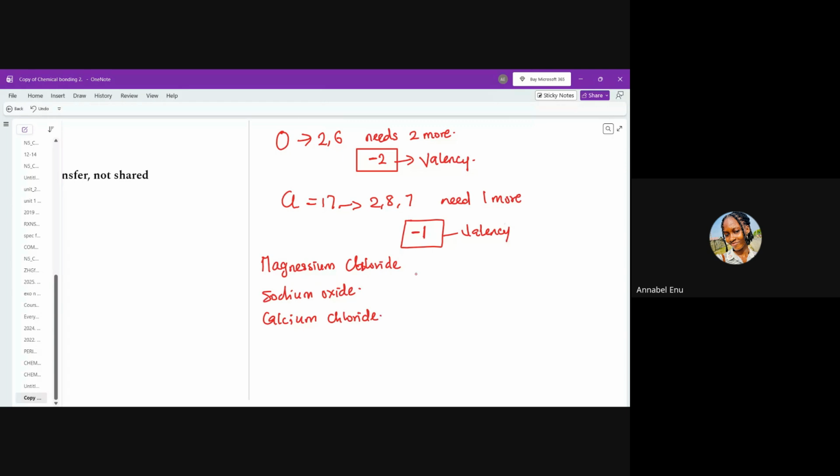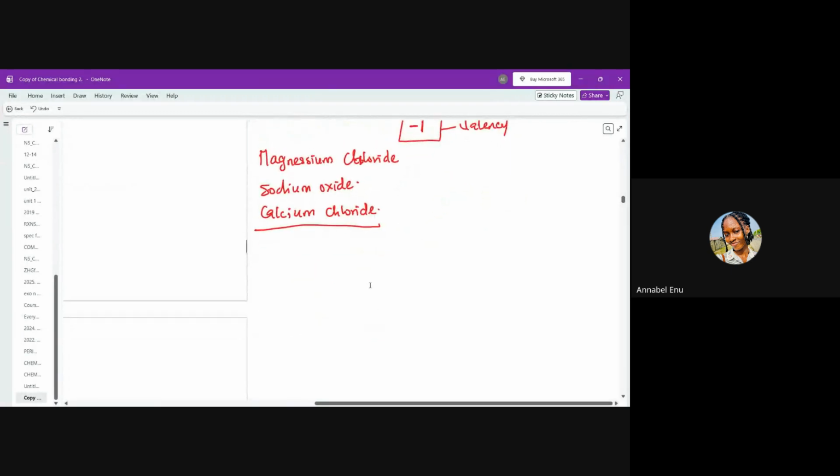Let me give more examples. These more examples that I'm giving are questions I saw in your 2024 WAEC. So you were asked to write some reactions involving sodium oxide, phosphorus 3 oxide.